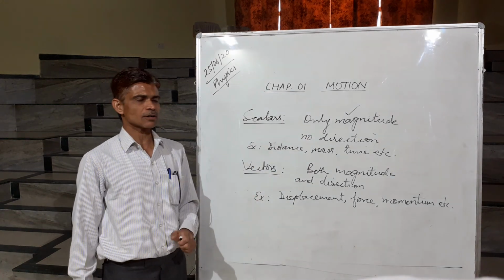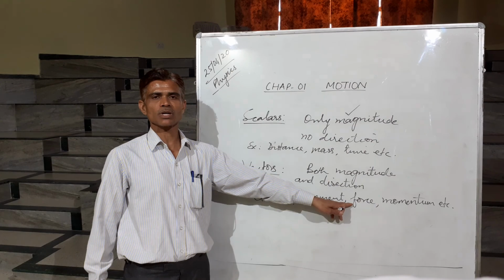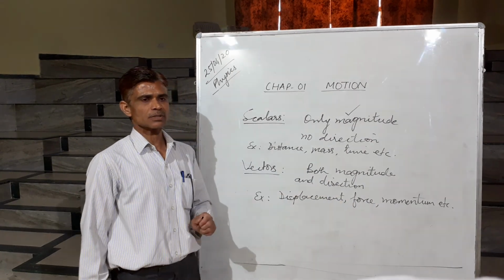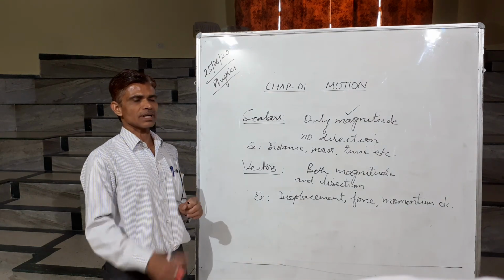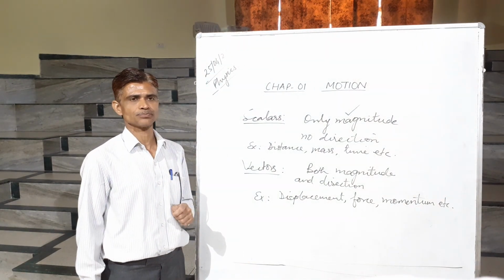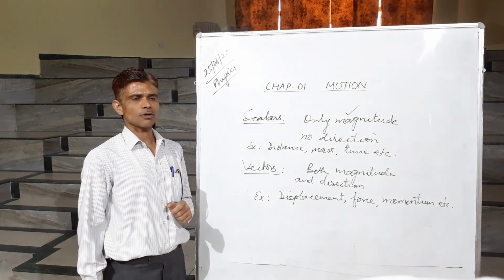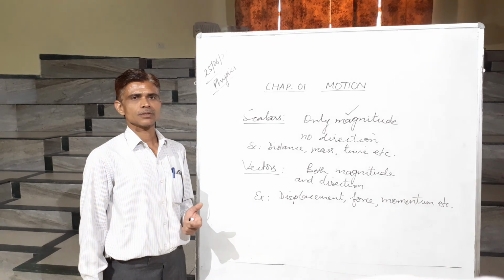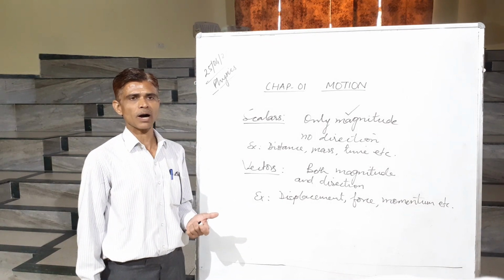Now come to the vector quantity. You all know what force is. Suppose I ask you to move this chair by applying a force of 10 Newton. Do you get the complete information? Obviously no. Why?